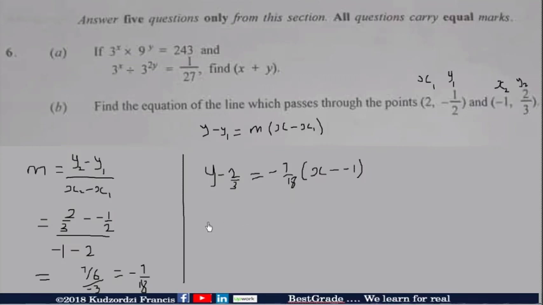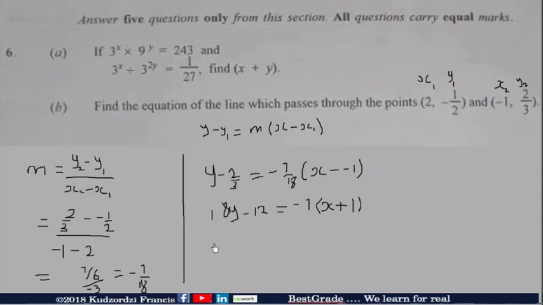So we multiply through by 18 to get 18y. Then 18 times this will give us minus 12, because 3 will go into 18 6 times, and 6 times 2 will give us 12. Then it's equal to negative 7 into bracket x plus 1.